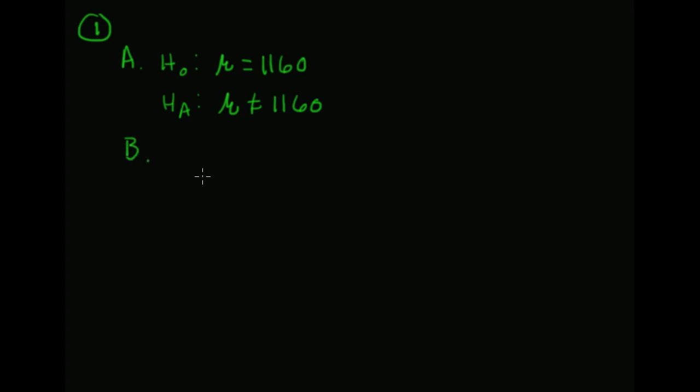The second question asks, is this left, right, or two-tailed? Since it's a non-equal statement, this is still a two-tailed test. Part C of the problem gives us additional information. Eric collects the SAT scores of 50 of his classmates through a simple random sample.